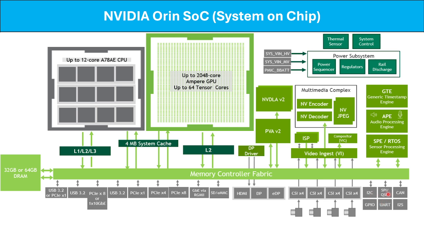Communication: I2C, SPI, CAN, GPIO, general purpose input output, UART, and I2S. We see here that we have USB or PCIe. Maybe this is first generation, but I'm not sure.